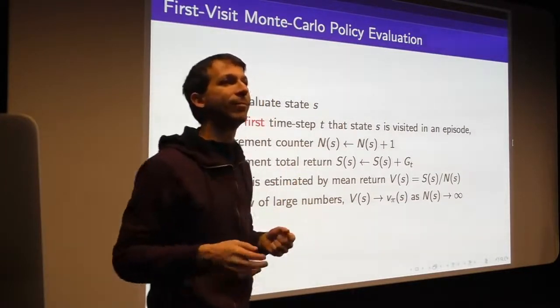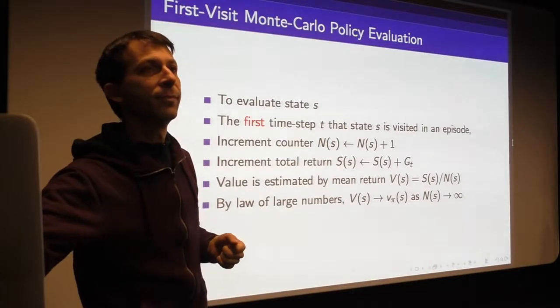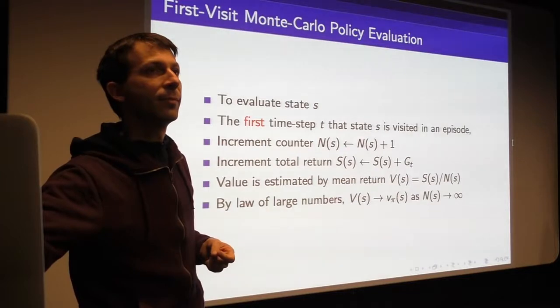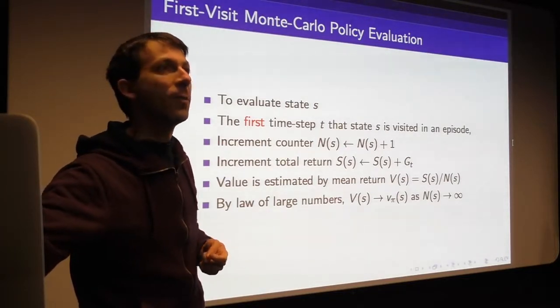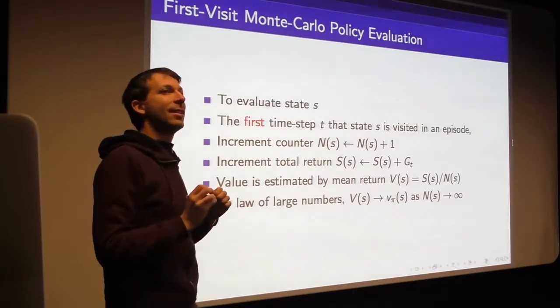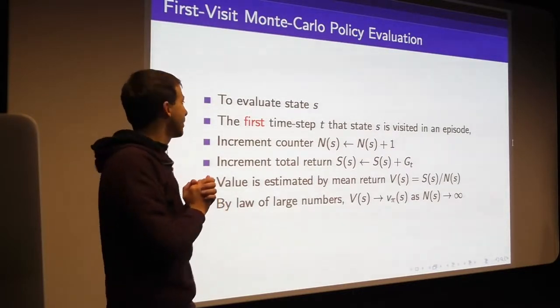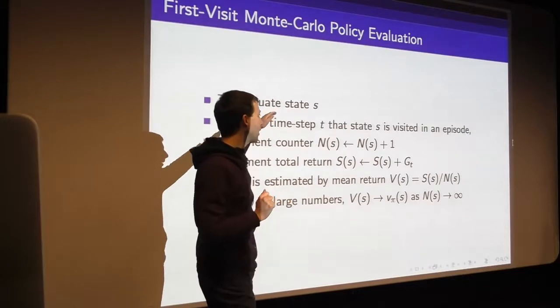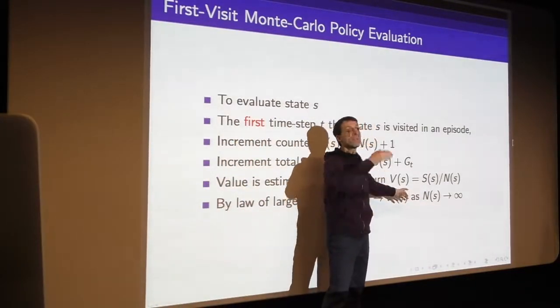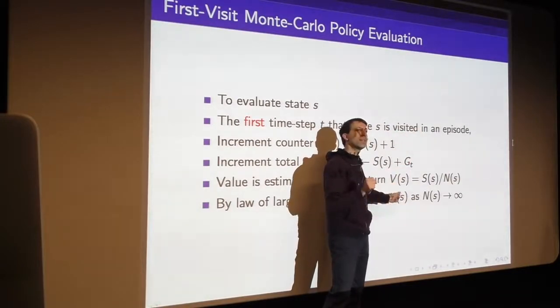Okay. Yeah. If the state space is really large, then the number of episodes you need to run, doesn't that go up exponentially? No. First of all, we can ask how quickly the law of large numbers approaches the mean, and that's the central limit theorem.